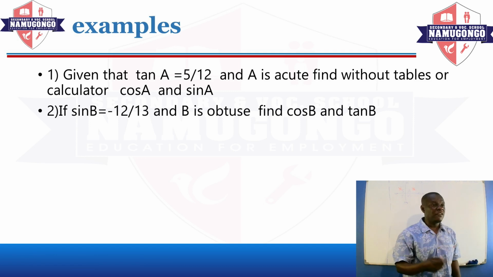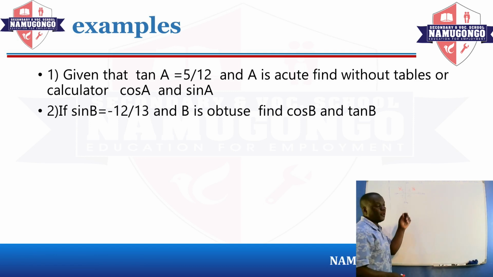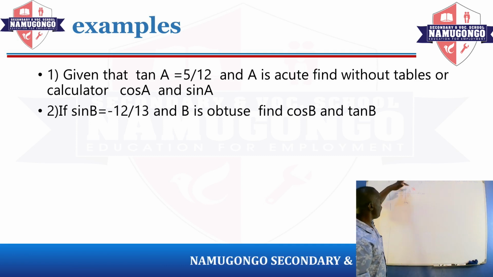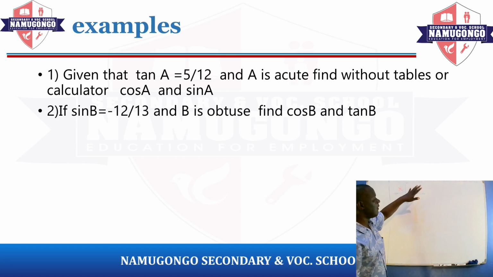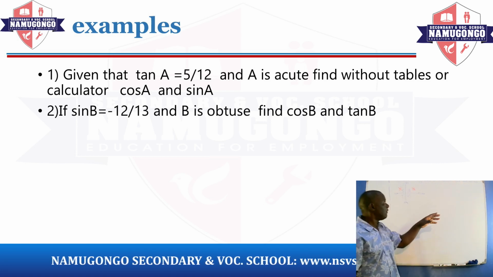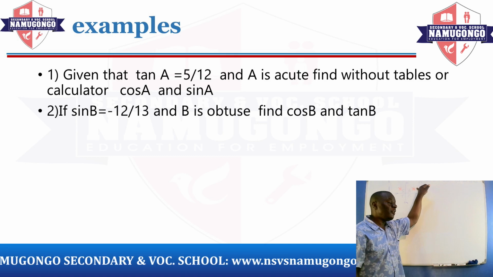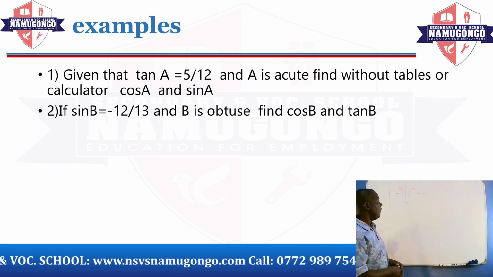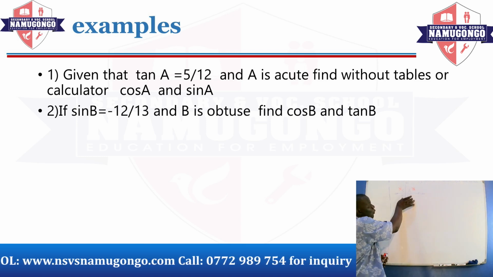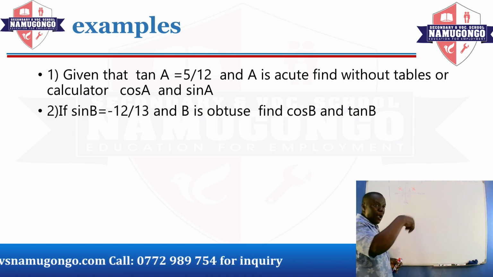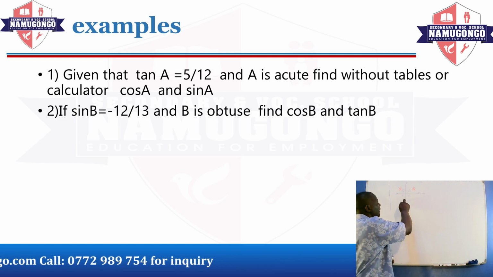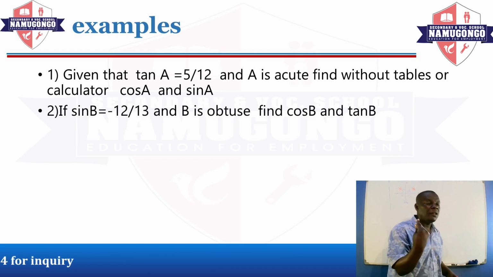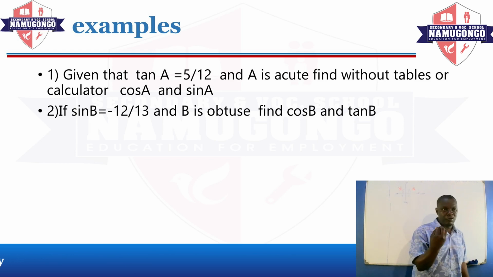The negative sign discards the two quadrants. The first quadrant is discarded. The same applies to the second quadrant. Why? Because in these two quadrants, sines are positive. Sines are positive in the first quadrant. Sines are also positive in the second quadrant. That means our angle will lie in the third quadrant and the fourth quadrant. Angle B lies in those two quadrants.